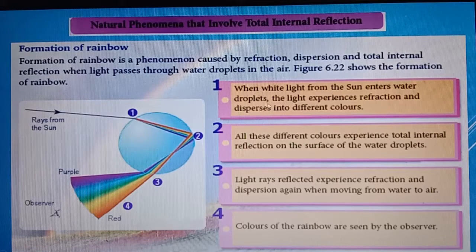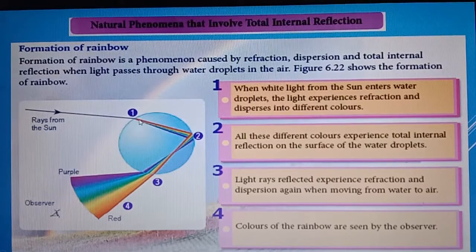When it reaches here, the light experiences refraction and dispersion. It will be refracted to different angles, because different colors of light refract to different angles.